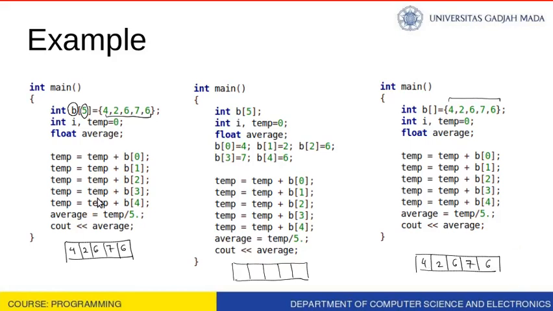What is the difference between the first and the third program is that we do not provide the size in the third program, and we provide the size in the first program. But actually, both the first program and the third program have the same memory status. So we have the same memory status for the B.